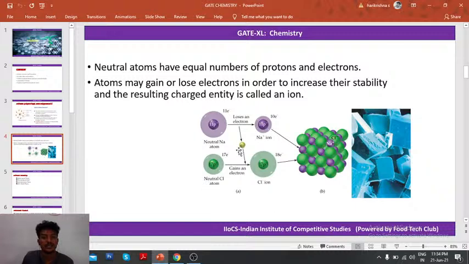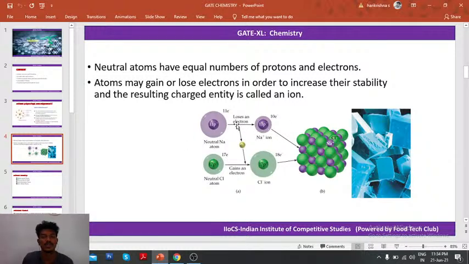Here there is an example, sodium chloride, that is Na sodium and Cl chlorine. Here you can see the sodium chloride molecule, and the image of how the crystals look. Now you see the loss of an electron: sodium has 11 electrons and gives one electron, then it becomes a positively charged sodium ion, Na+, with 10 electrons.